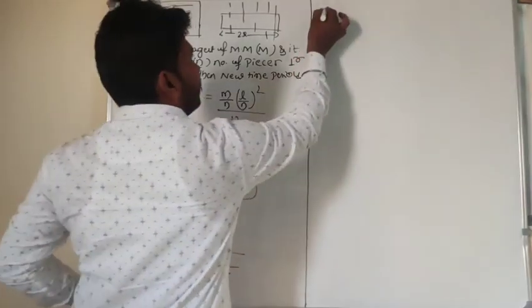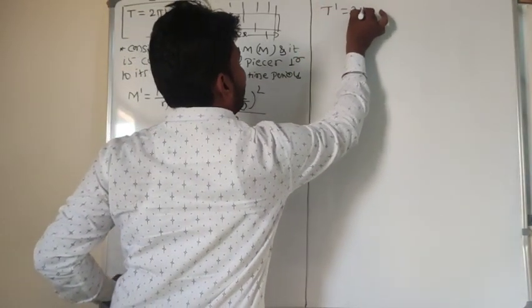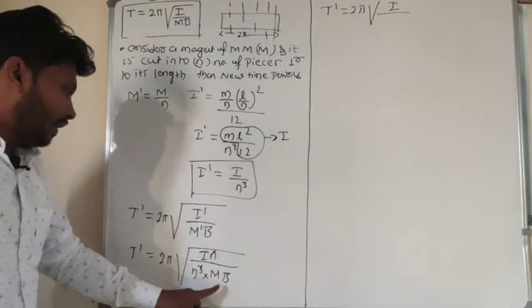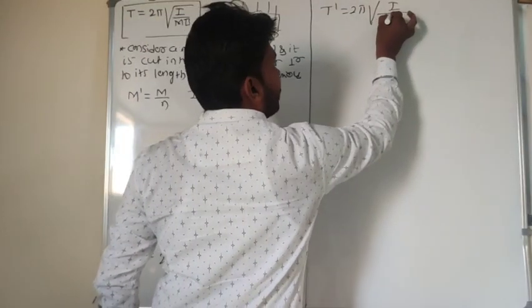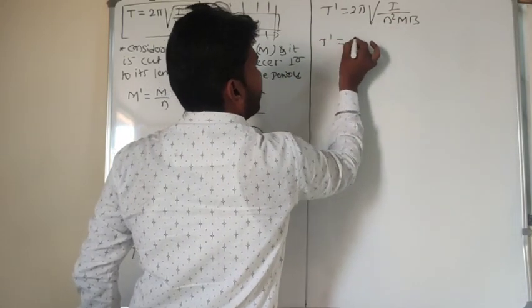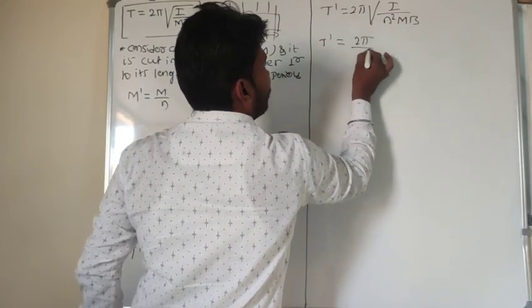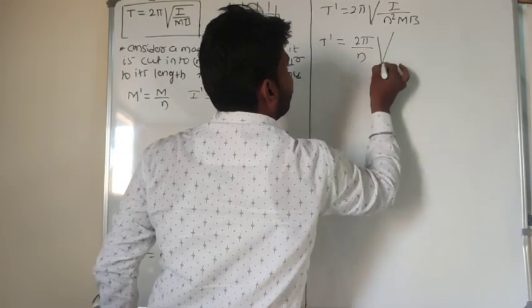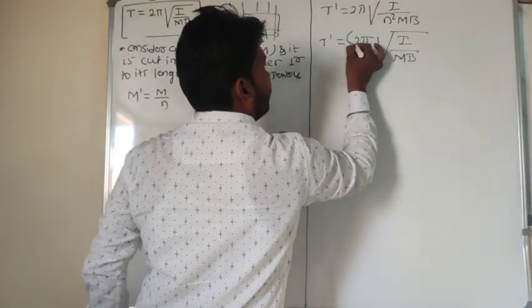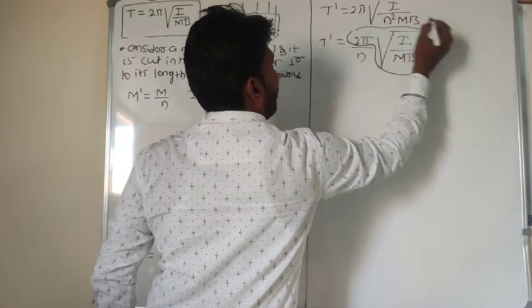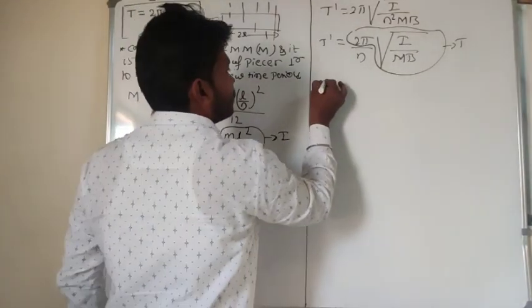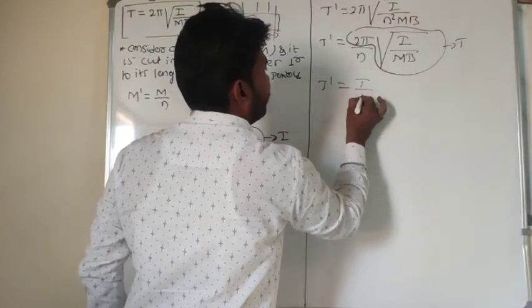T dash equals 2 pi into square root of I divided by n squared into mB. Taking n squared outside the bracket, 2 pi by n, I divided by mB. 2 pi into square root of I divided by mB is the old time period of oscillation. Then T dash equals T by n.